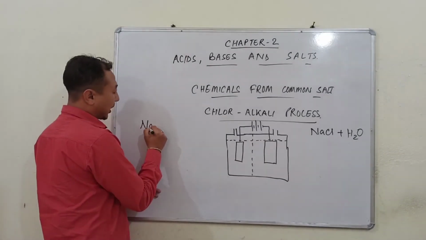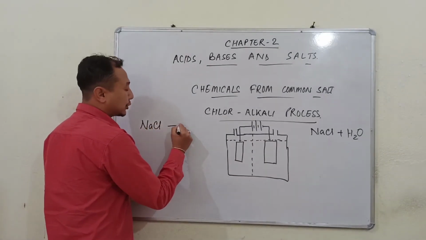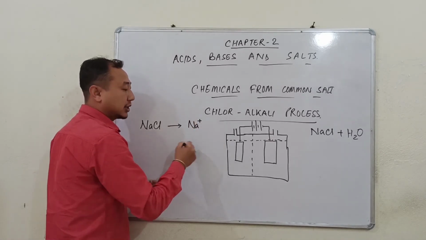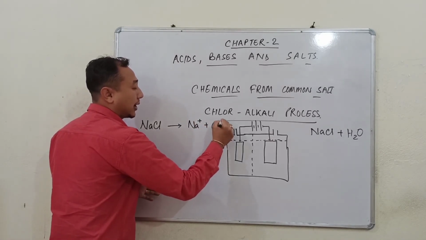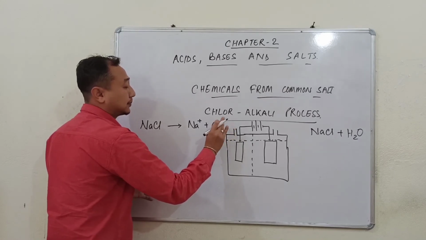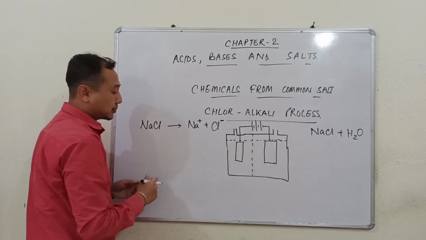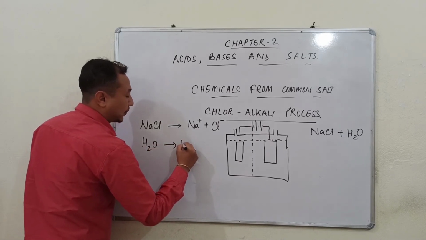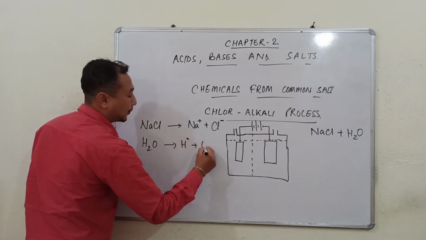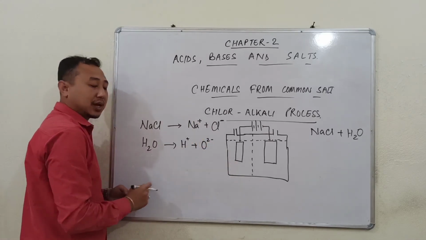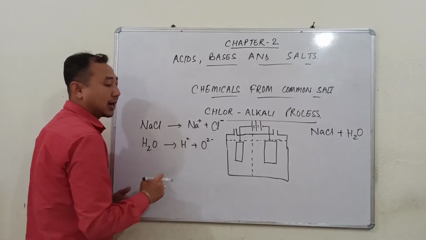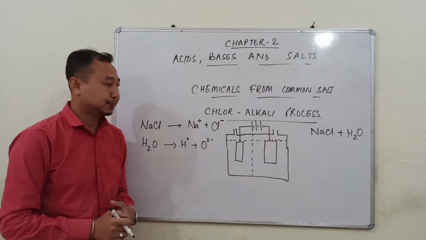Sodium chloride will be broken down into sodium ion which carries positive charge and chloride ion which carries negative charge. At the same time, the water molecule also will be broken down to form hydrogen ion and oxygen ion. The hydrogen ion carries positive charge while the oxygen ion carries negative charge.